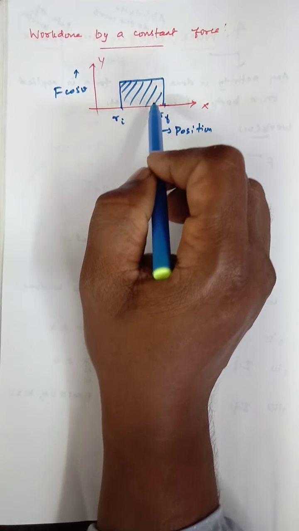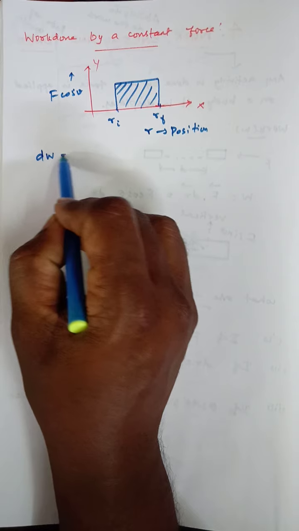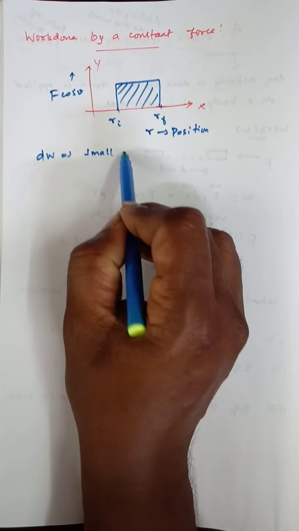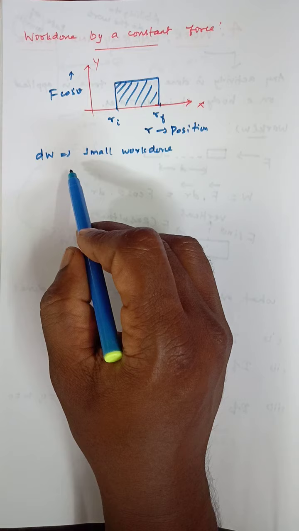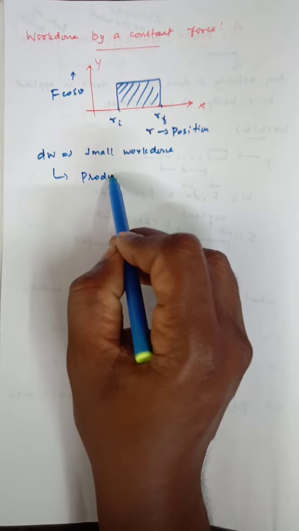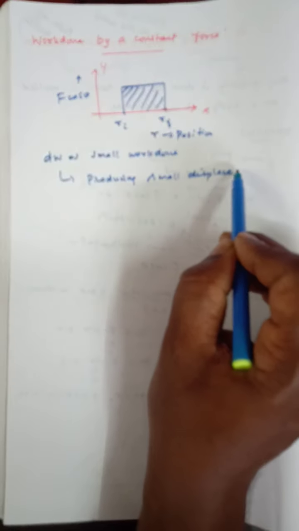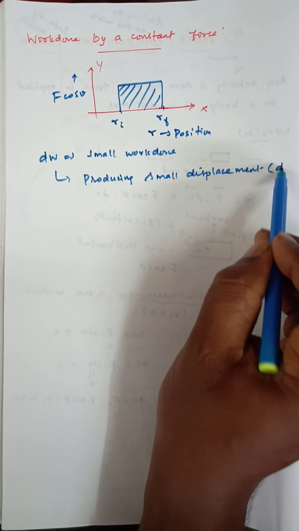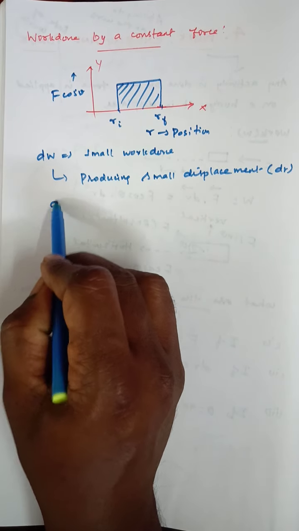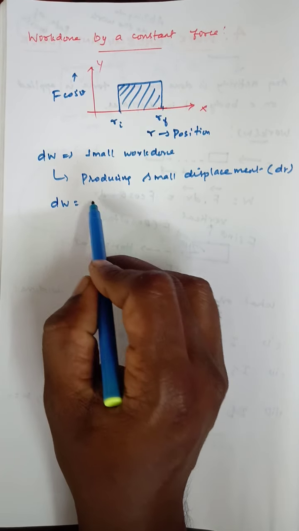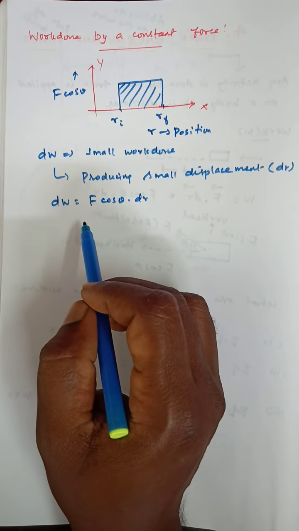The work done formula is W equals F into dr, but we write the small work done as dW, meaning small work done, producing a small displacement, that is dr. So now we can define the formula for the work done of a constant force: dW, a small work done, is equal to F cos theta into dr, the distance traveled.